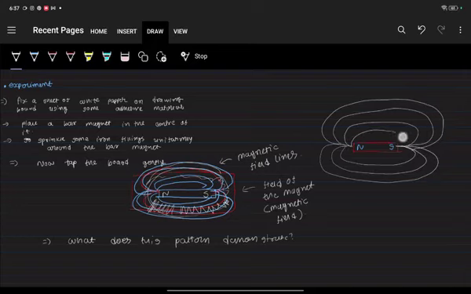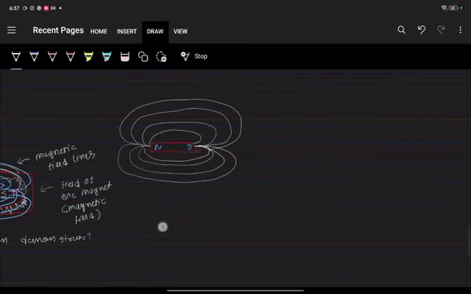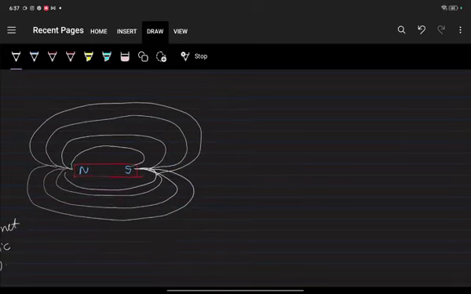Okay. So right now I'm writing a definition, which is not in your NCERT textbook. So please note this. This is a very important definition.